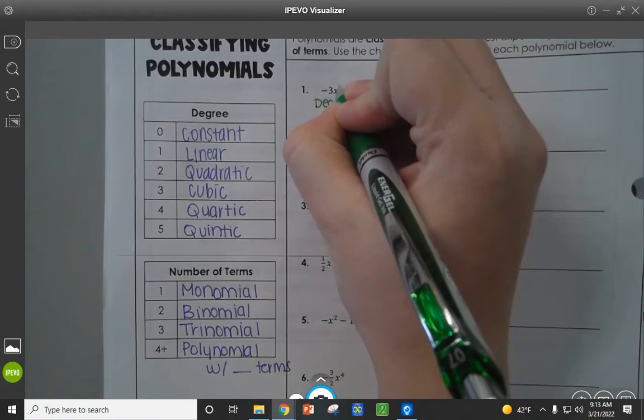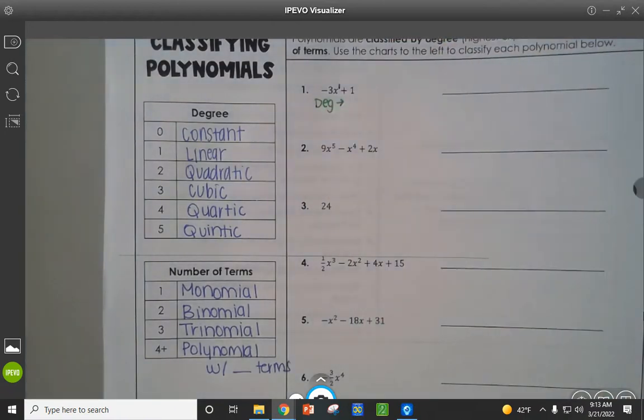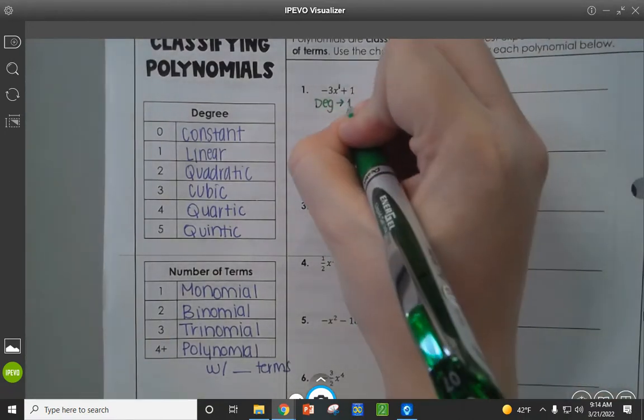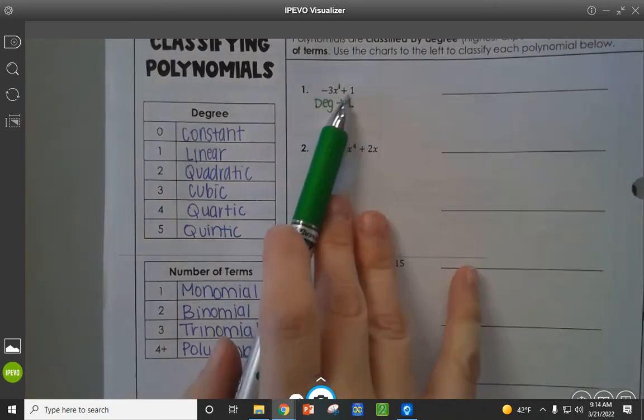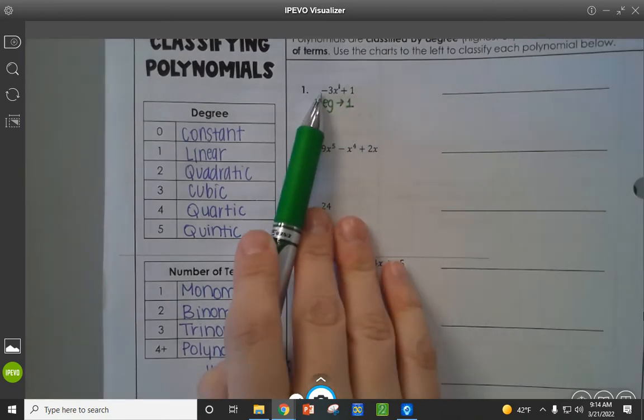So this is really x to the first. So the highest exponent that I have is 1. What is my leading coefficient? What's the number in front of my x to the first? -3.